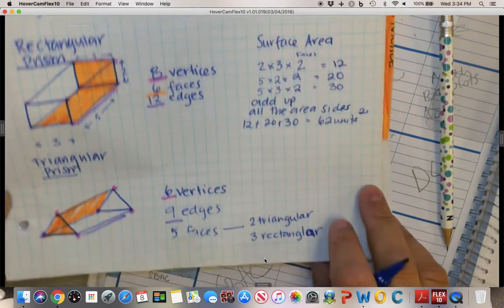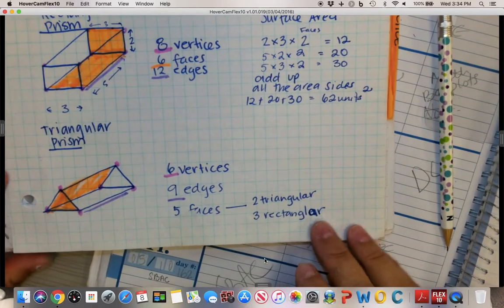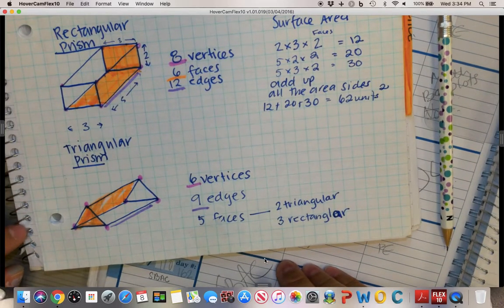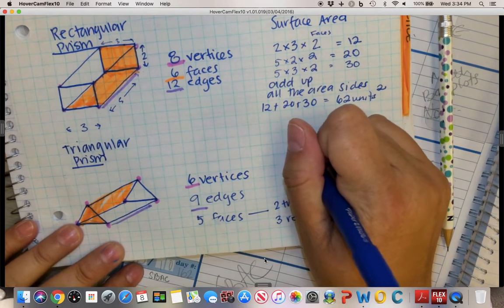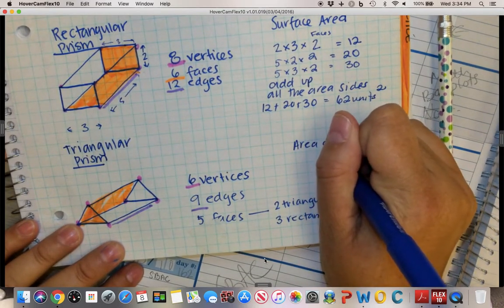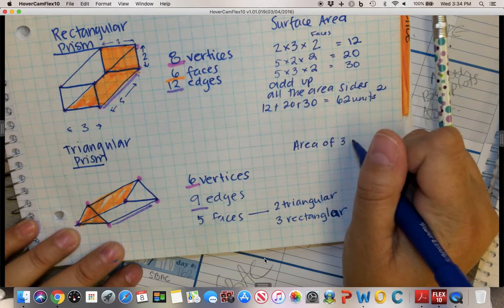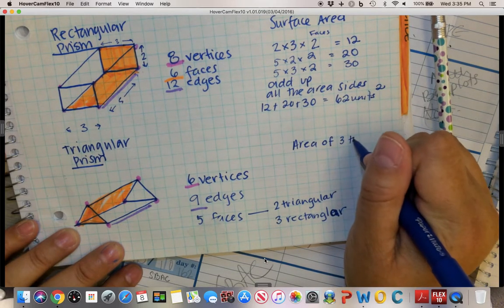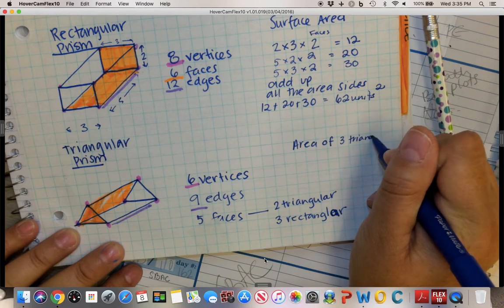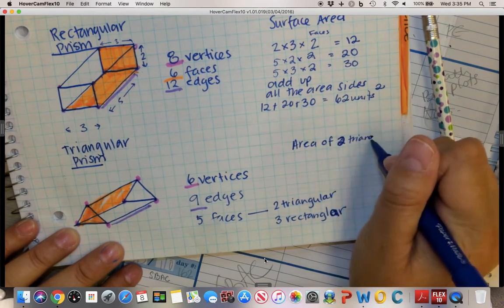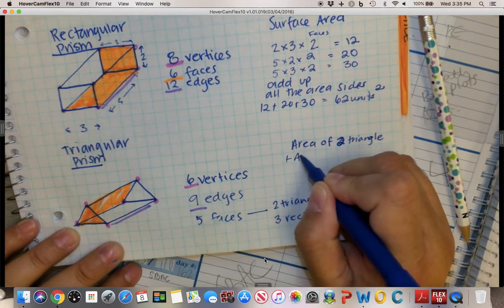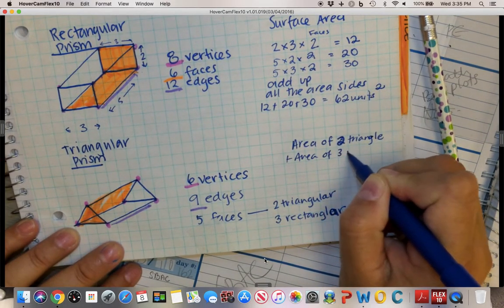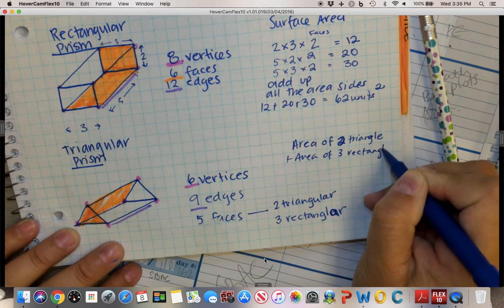To find the area of a triangular prism, the area of the 2 triangle pieces plus the area of 3 rectangle pieces. Those are the faces.